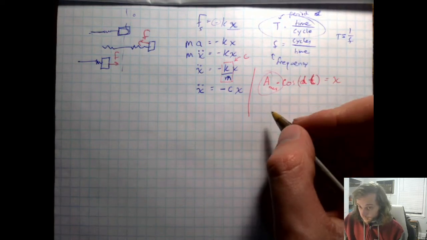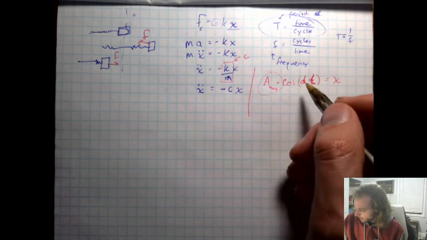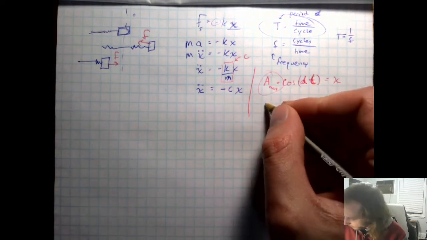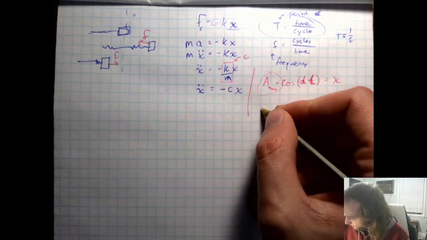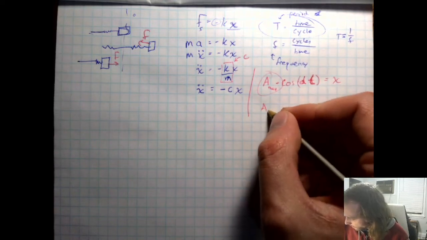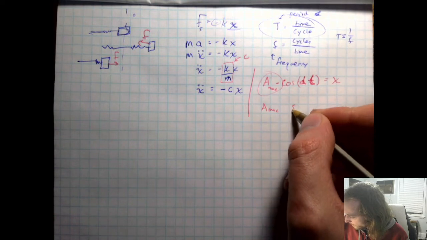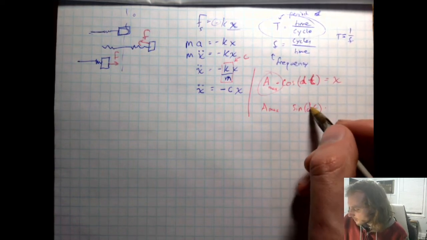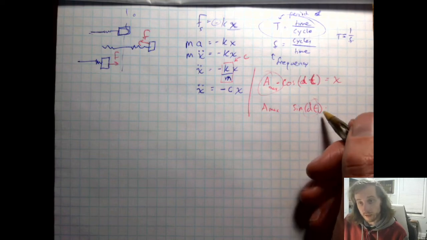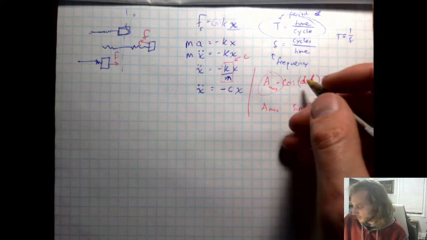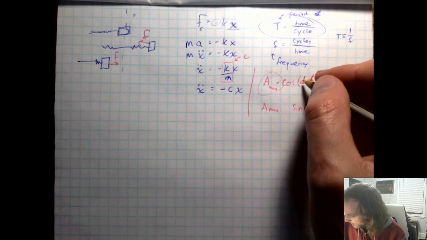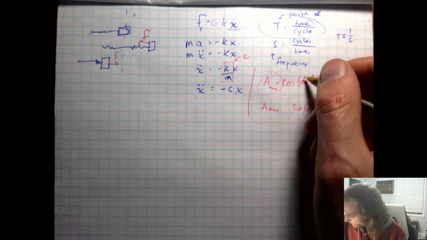Coming over here, if I take the derivative of this with respect to time, I'll get a velocity equation. My velocity equation will be A max sine of the inside of this times the derivative of the inside of this, which is just going to be, oh, I just realized that D is a terrible constant to have chosen.